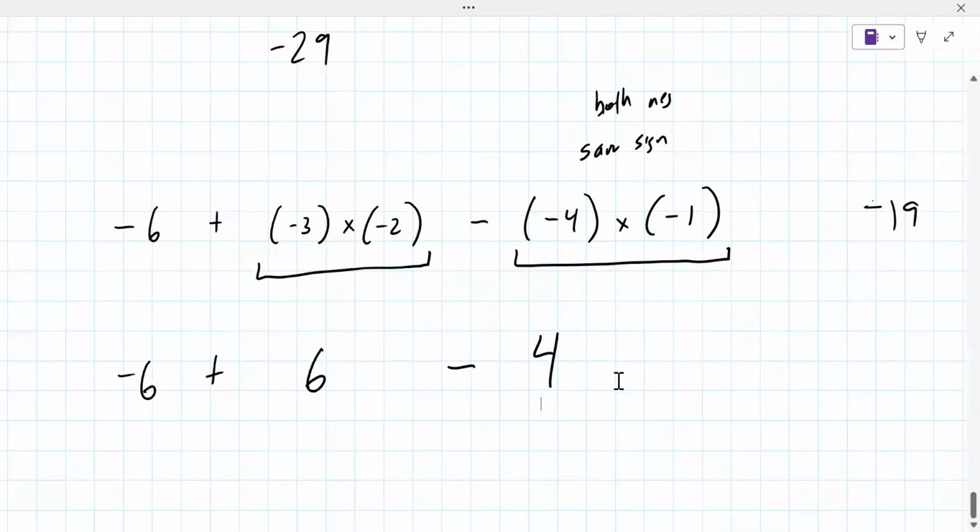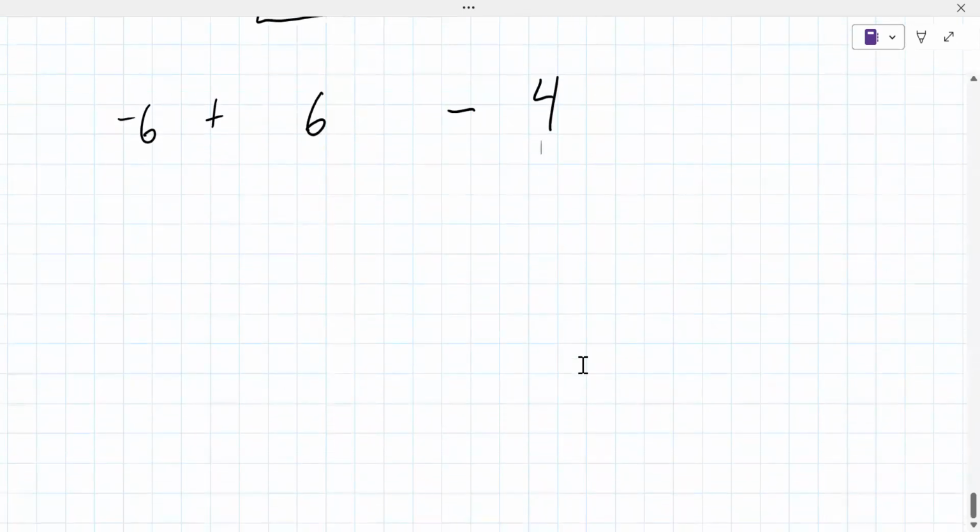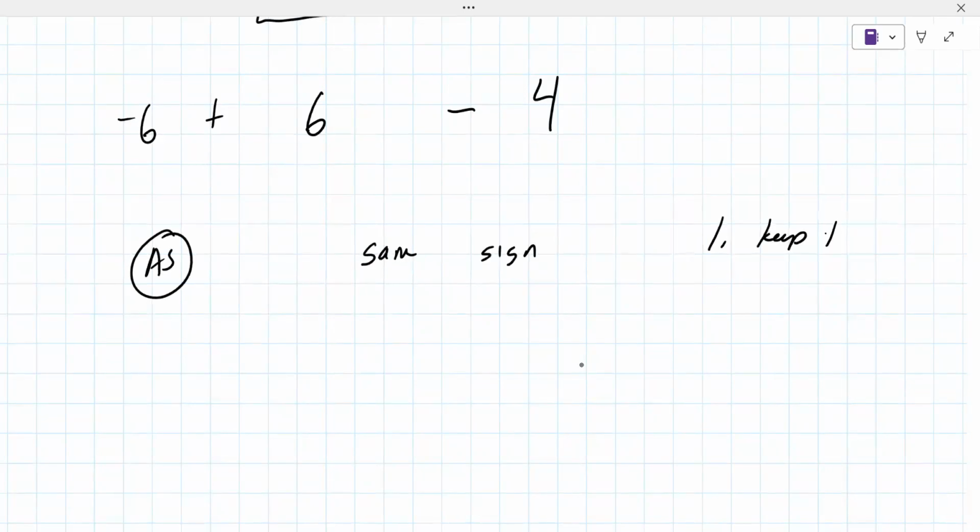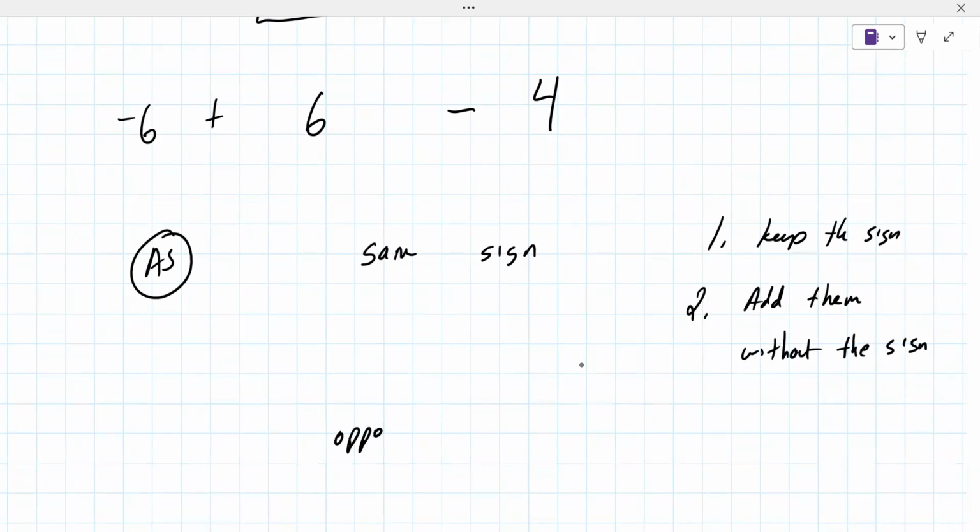Now we're to addition and subtraction. So let's talk about the rules for addition and subtraction. If they are the same sign, the first thing you do is you keep the sign. Then you add them without the sign. If they're opposite in sign, this is the harder one.